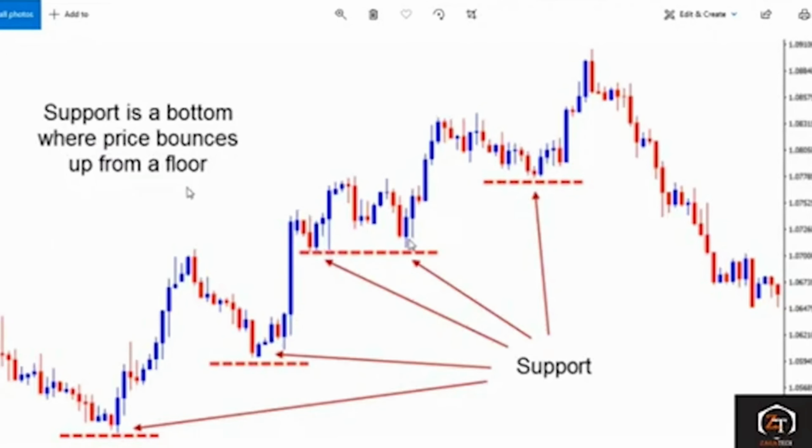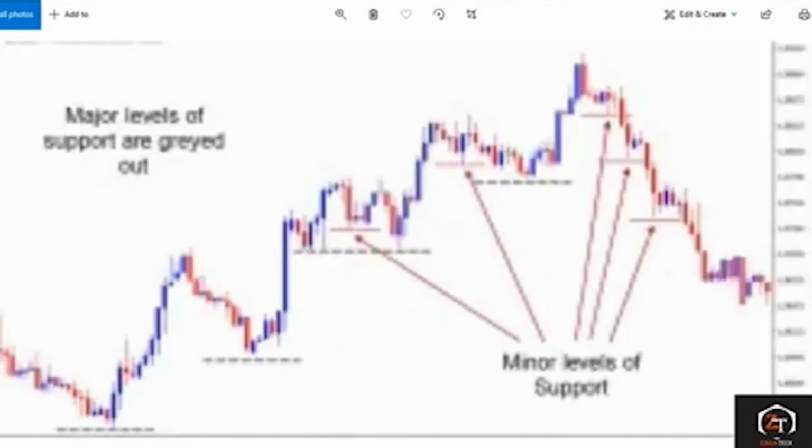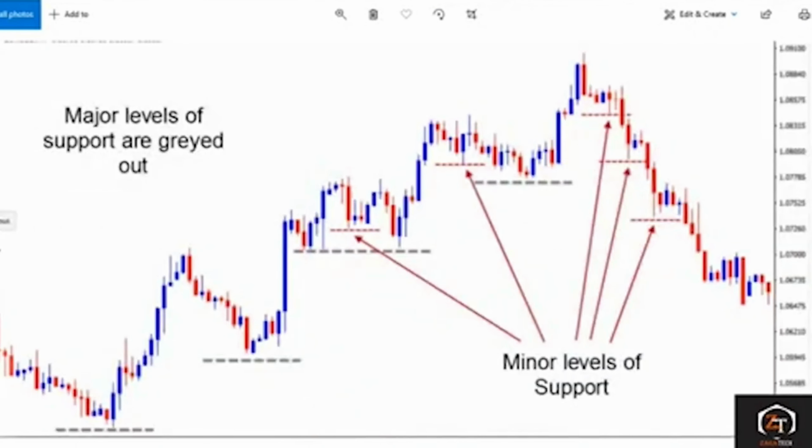Going to the second part of the picture, I will show you guys what major and minor support is all about. Now this is a major support, and the smaller area you see that sticks here is minor support. This major support, which I've explained earlier, is where the market seems to bounce off.